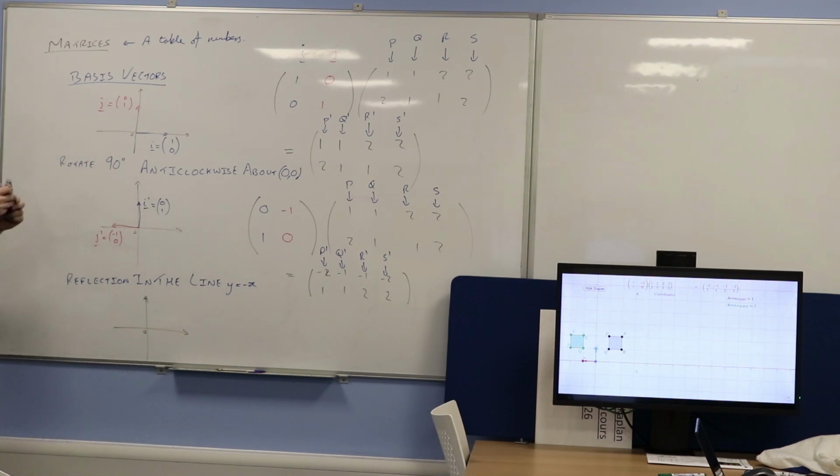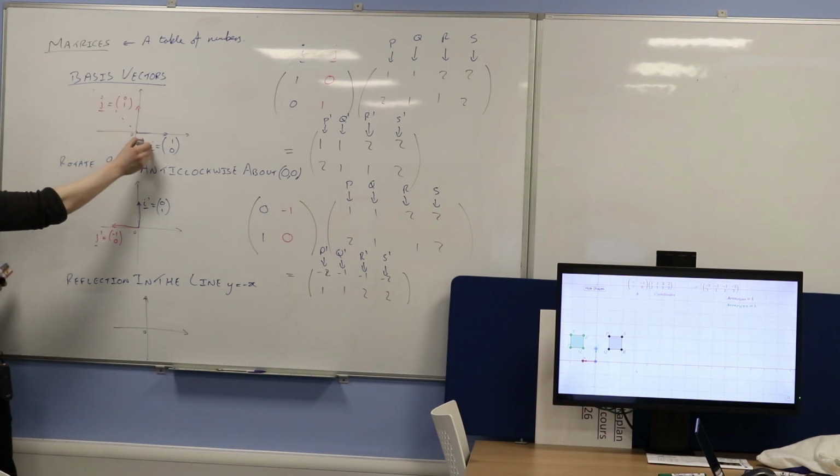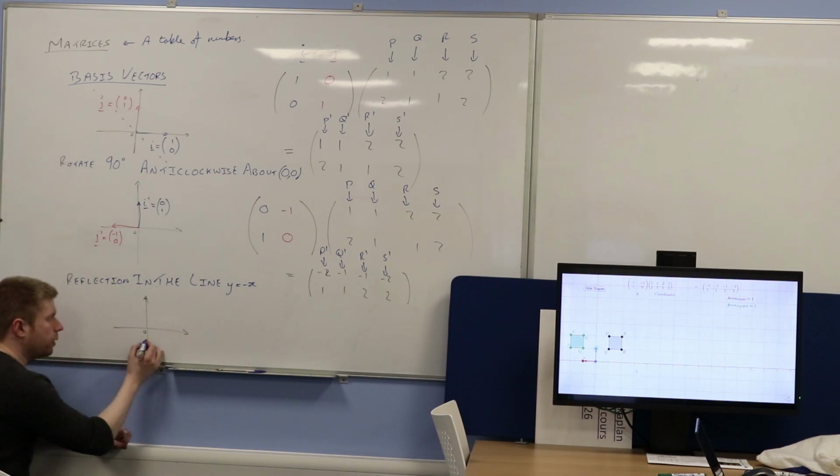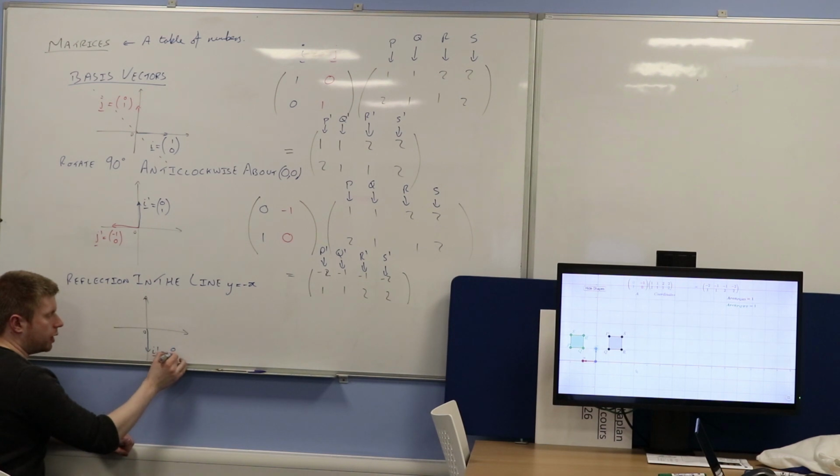If you transform in the line y equals -x, here's the line y equals -x, you're going to do a reflection. Where does I end up after you reflect it in the line y equals negative x? Good, 0, negative 1. It ends up down here. So this is new I, 0, negative 1.